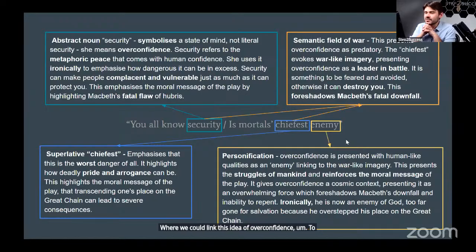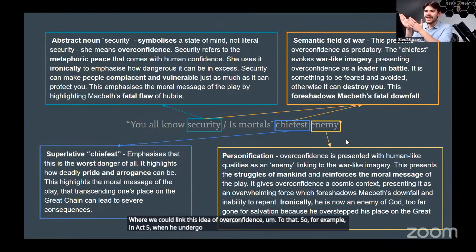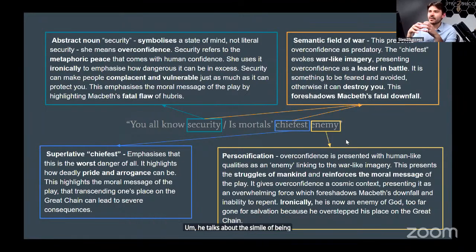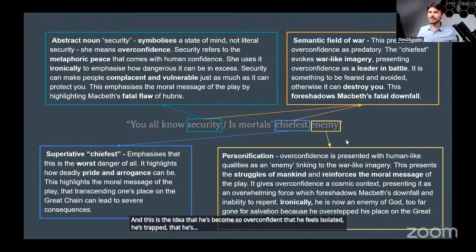So, for example, in Act 5, towards the end of his life, he talks about the simile of being almost like a bear tied to a pole. And this is the idea that he's become so overconfident that he feels isolated, he's trapped, that his fate is inescapable. And so that's quite good to link to later Act 5 quotes that we will cover.